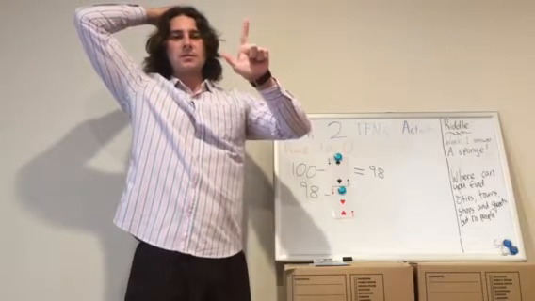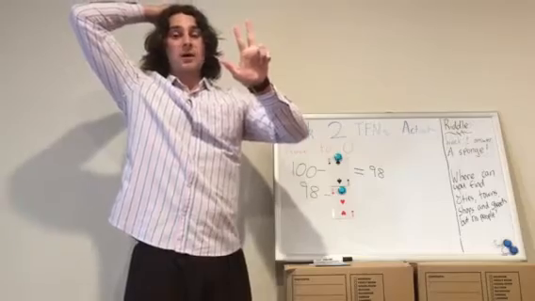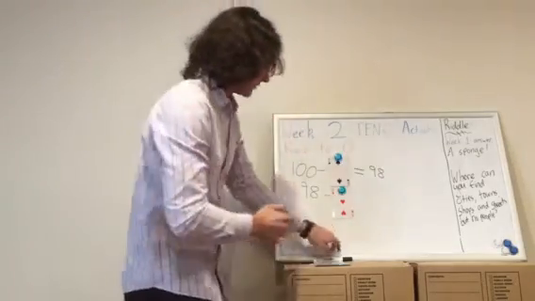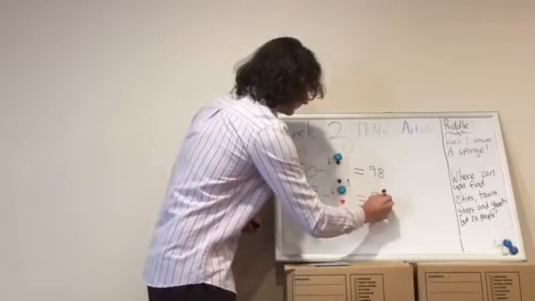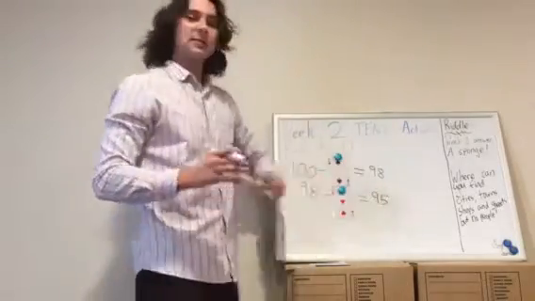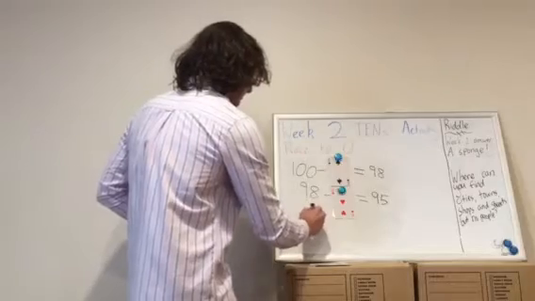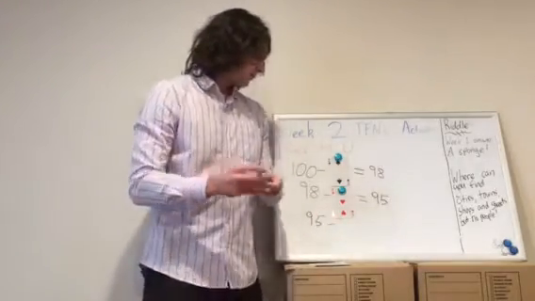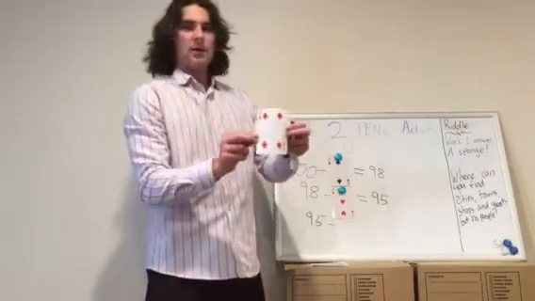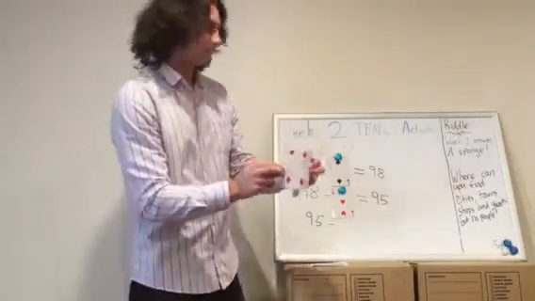There is my answer, 95. And then I take my answer, put it on the next line underneath, minus my next card, 4.